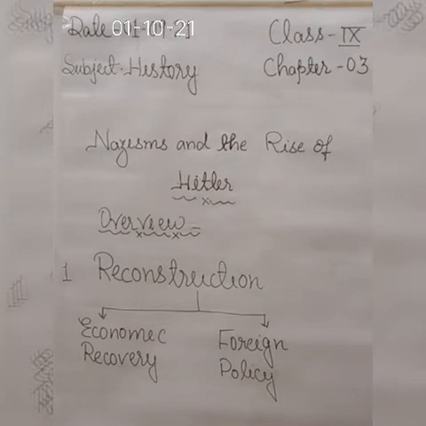But students, Hitler's attack on the Soviet Union in June 1941 was a historic blunder. Okay, understood? In another way we can say, this decision to attack the very powerful Soviet Union was a wrong turn for Hitler.